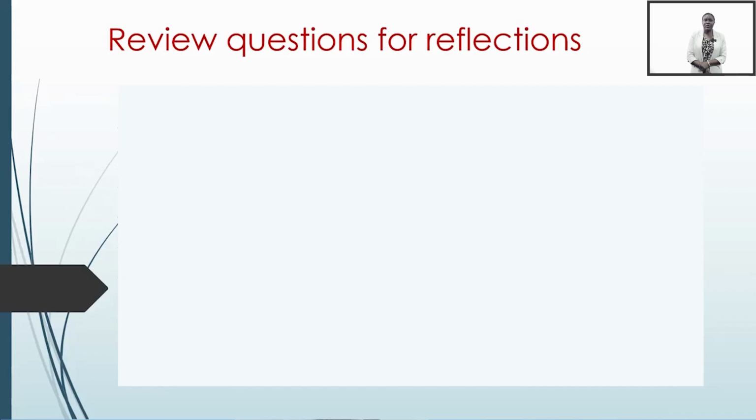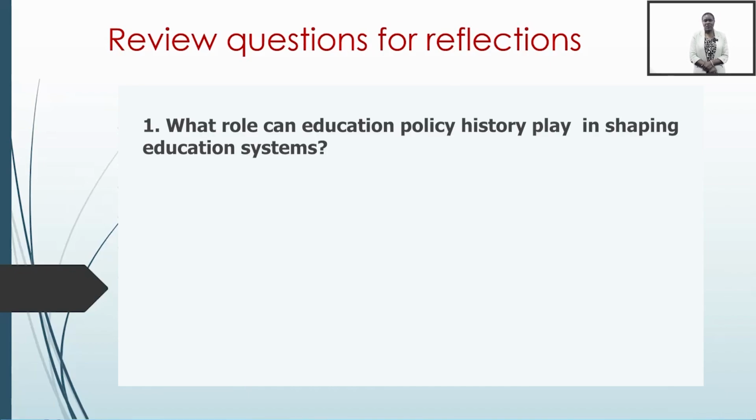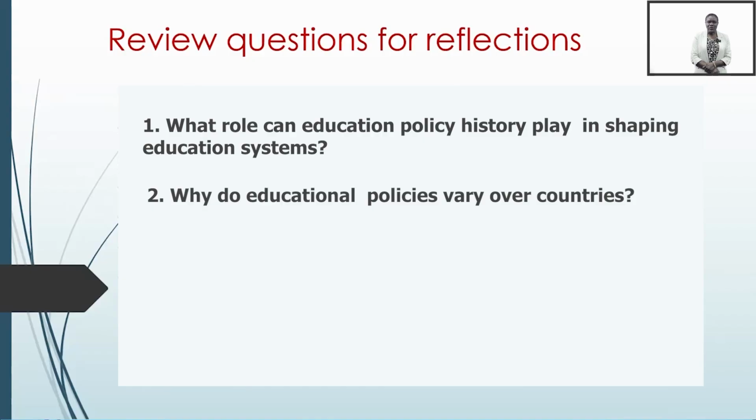As part of the review questions for reflection, can you please consider some of these questions? What role can education history play in shaping the education system? Why do education policies vary across countries? We always hear about the Finnish education system and the way different countries are trying to learn from the Finnish education system and other countries.